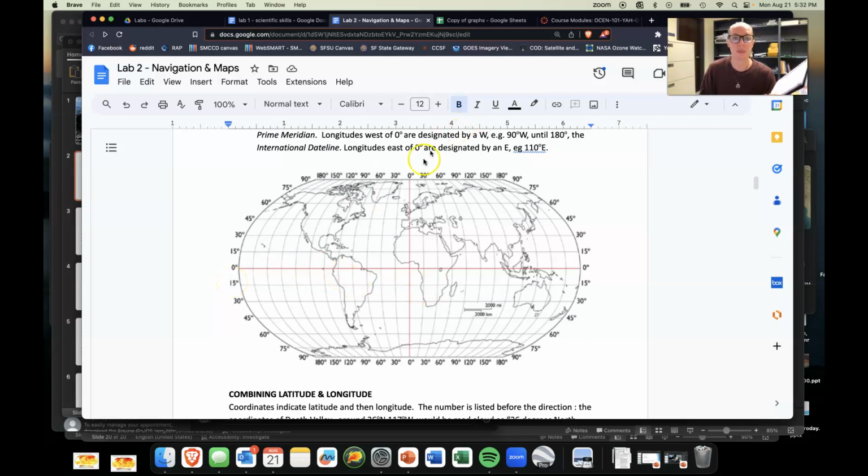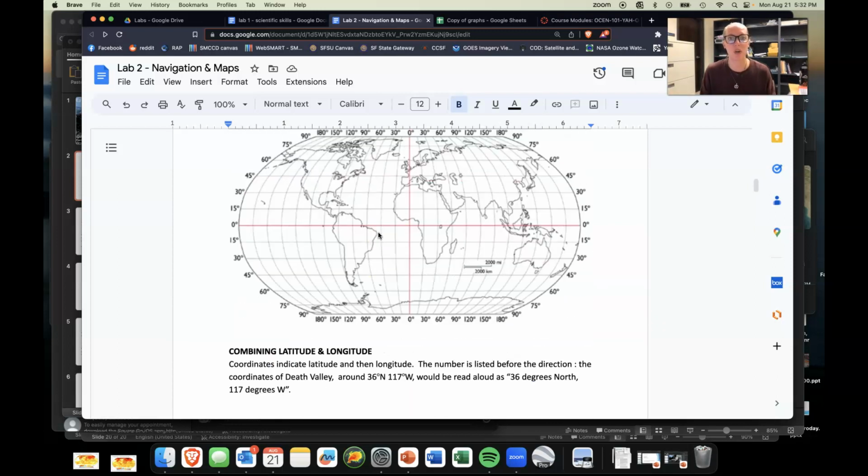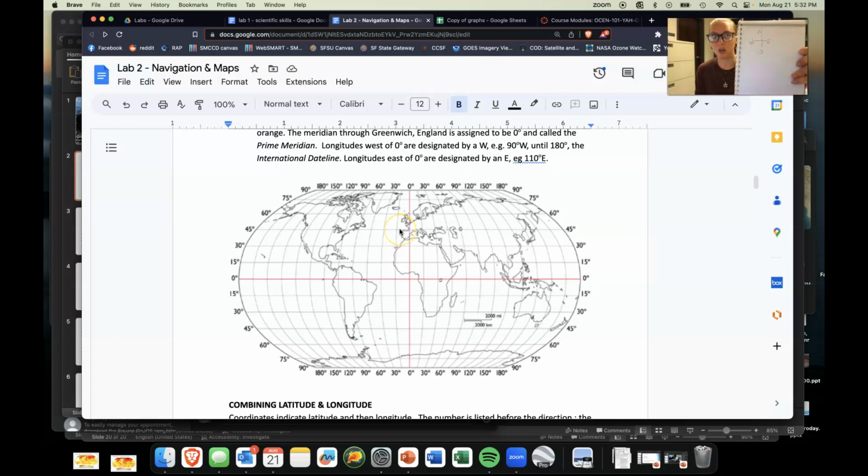If I'm saying 40 degrees north, that means I'm above this red line right here. So I'd find where I think 40 would be. If you're still using your screen, you can take a piece of paper and put it where you think 40 is, around there. Similarly for 120 west, going back to my cardinal directions, west would be on the left side of where the prime meridian goes through.